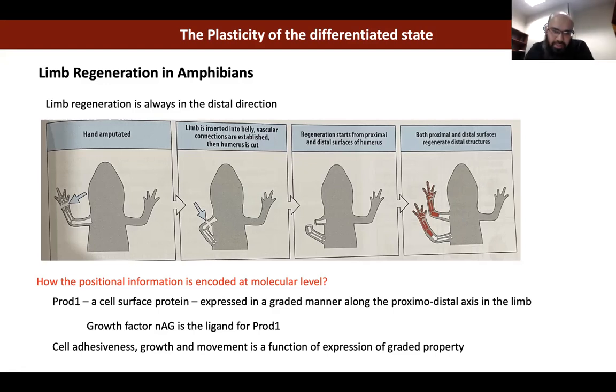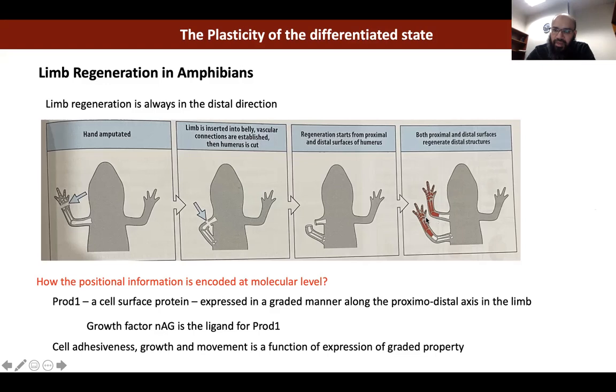Yeah, so its intensity decreases as you go down from proximal to distal. So it's very high towards the proximal end of the arm, and it goes down significantly. So that's one of the molecules, or one of the signals, that determines that the growth is always in the distal direction.